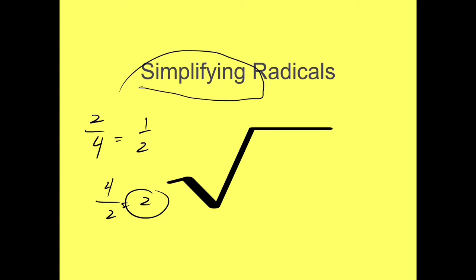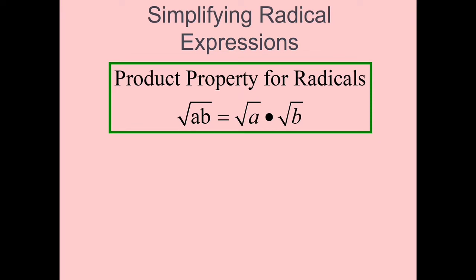Or, simplifying radical expressions. So, simplifying radical expressions, napaka-importante po that you know the product property for radicals. Okay, pag sinabi po nating product property for radicals means pwede nating hatiin or i-factor out yung ating radicand sa loob ng ating radical sign at pwede natin silang paghiwalayin.